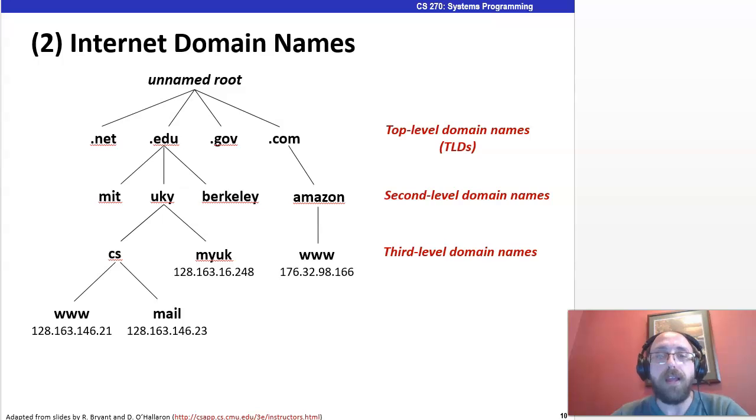So the domain name system, or DNS, was introduced to give us a way to map between human readable host names, something like twitter.com, for example, or uky.edu, into particular IP addresses.